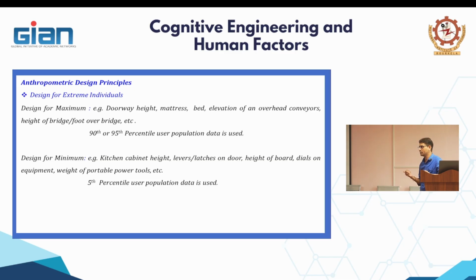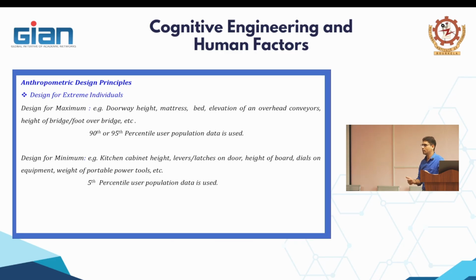If you are designing for maximum, then it is assumed that everyone below that can use it. We cannot design for universal, which is 100%, but that is hypothetical. We cannot accommodate everyone, so we have to select some range.